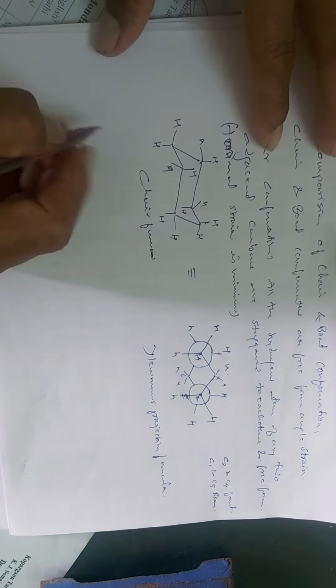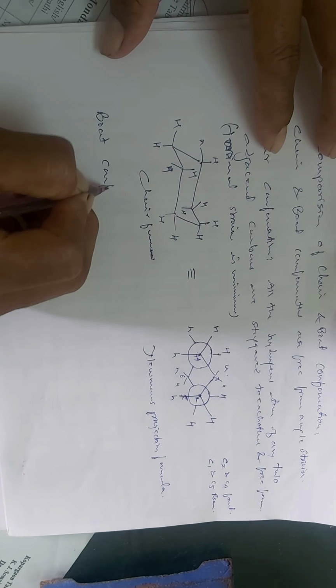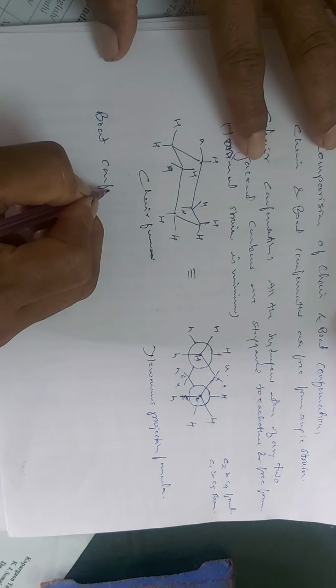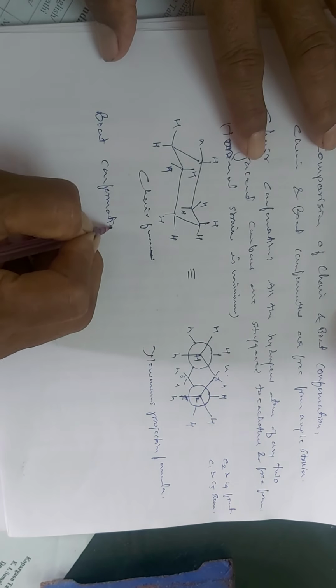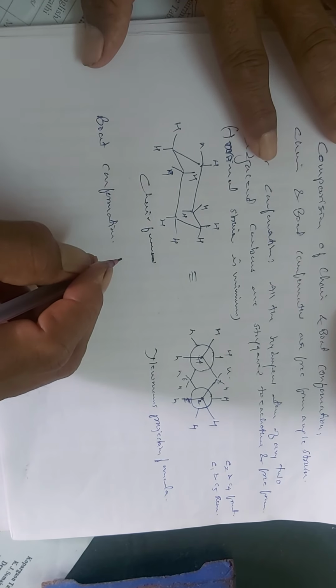But if you see the boat conformation, what's happening? It's free from the angle strain. Angle strain is not present because it obeys the tetrahedral geometry.